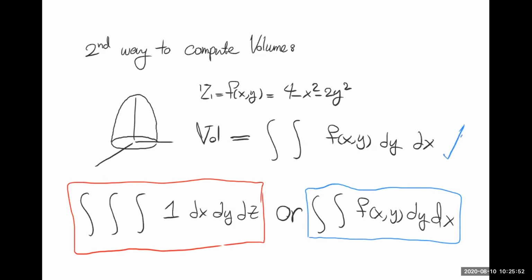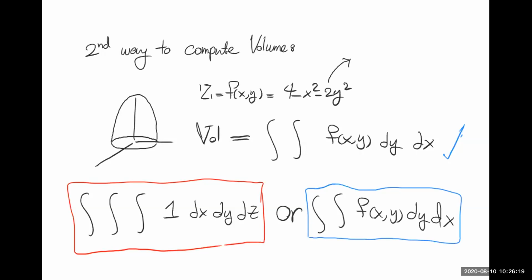So here we have the double integral of f of x and y dy dx. We should find bounds for y and x. The bounds are exactly what I told you. What are the bounds for y? Maybe I should ask you. Take a look and think for a few seconds.